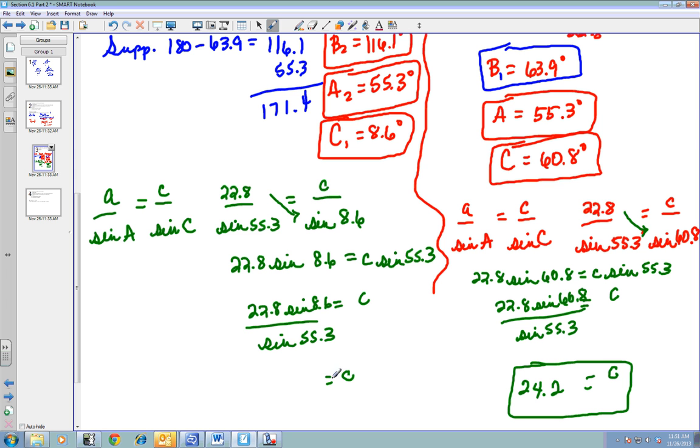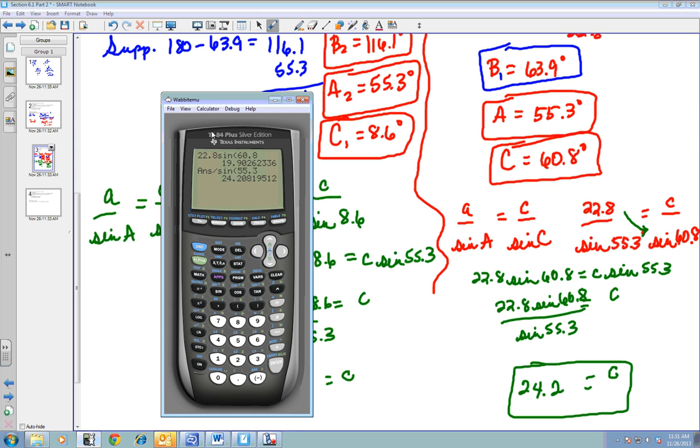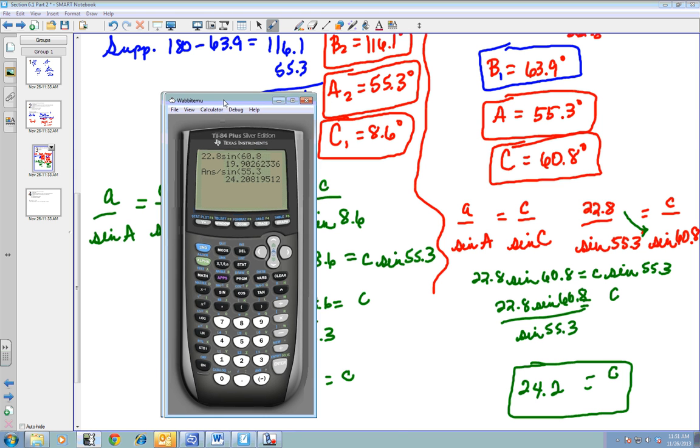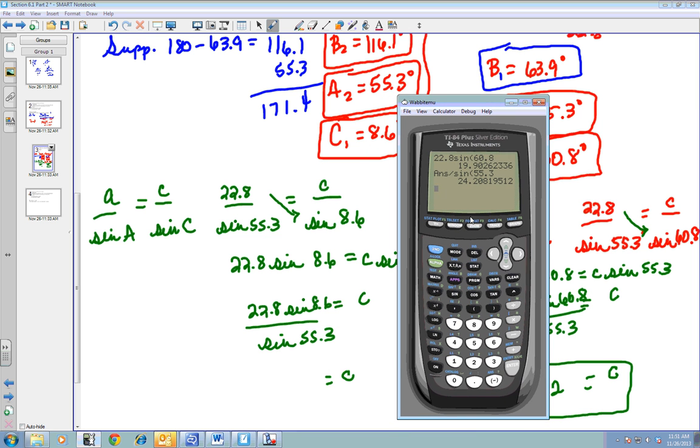So side C equals 22.8 times the sine of 8.6 divided by the sine of 55.3, which is 4.1.